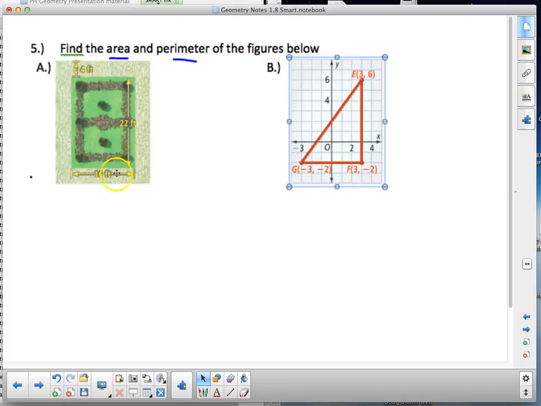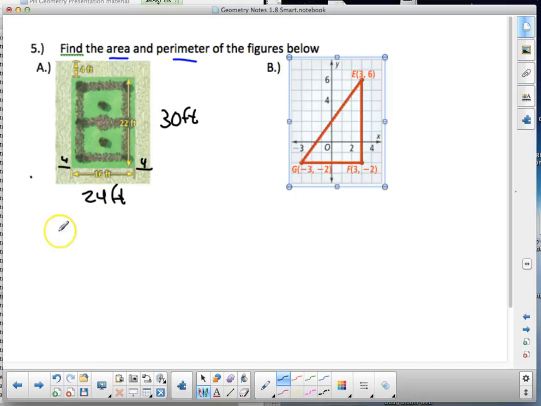If we find the area and perimeter of the figures below, I know this is 22, but because this is 4 extra here and 4 extra down here, that's the understanding that it continues, that we actually have a 30-foot length here, and if this is 4, that's 4, and this is 4, this is 24 feet here. So now I got a rectangle.